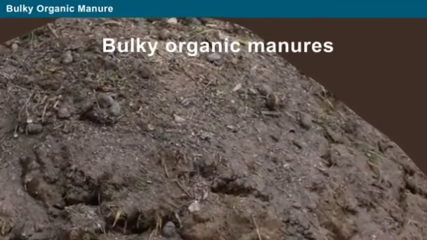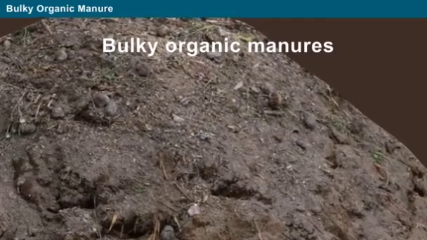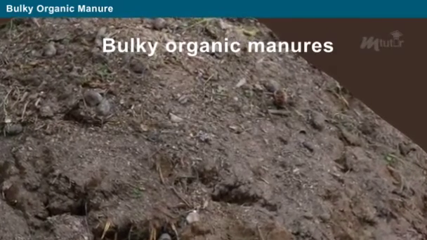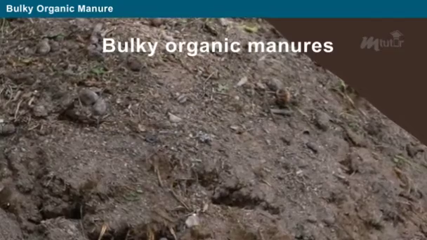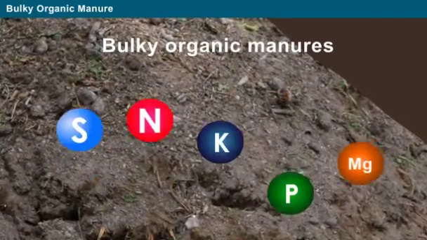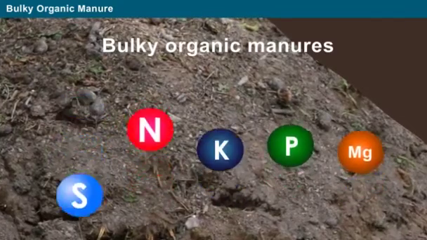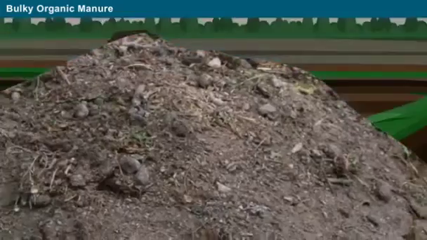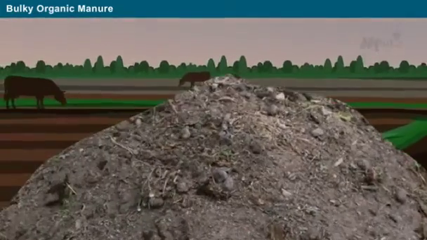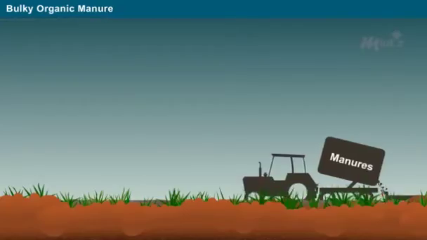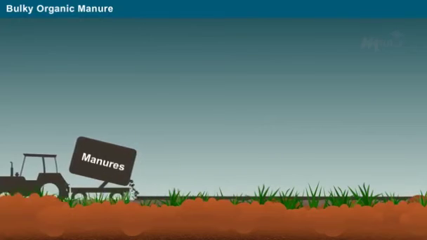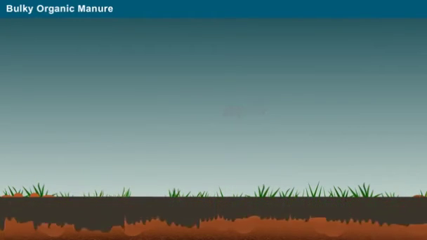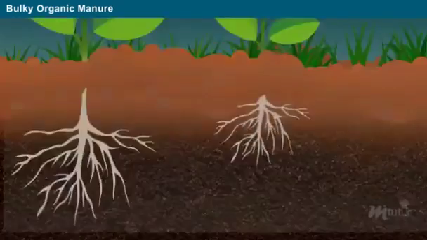First, let us discuss about the bulky organic manures. Manures which are naturally bulky in nature are said to be bulky organic manures. They contain minimal amounts of nutrients which have a direct impact on the plant growth. Hence, they should be applied in larger quantities. Supplying organic matter to the soil increases the soil aggregation, thus developing the physical condition of the soil.